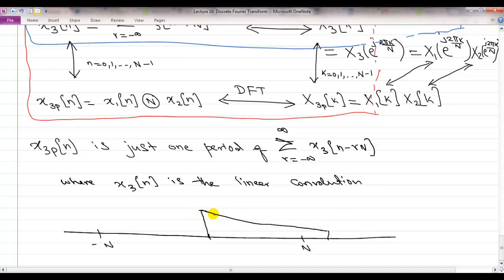The stem plot of this is the envelope of my plot. My circular convolution corresponds to periodic repetition of this sequence. So I get one here, another version of this same thing here, and another version of the same thing here.